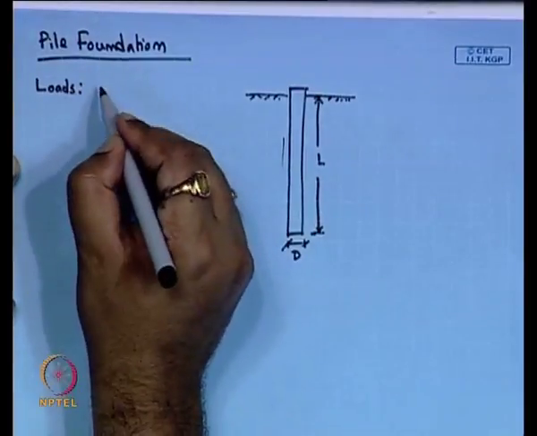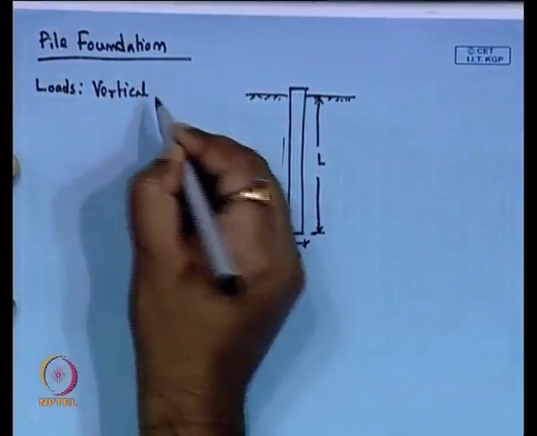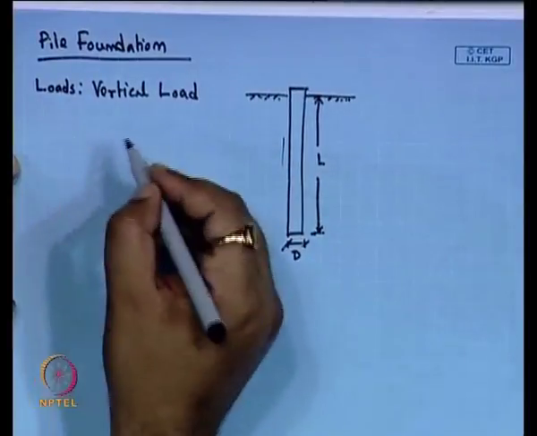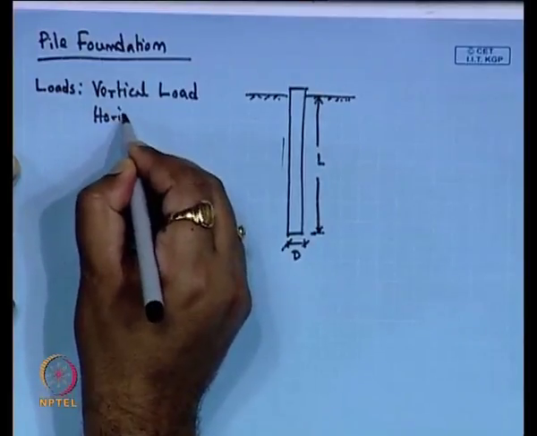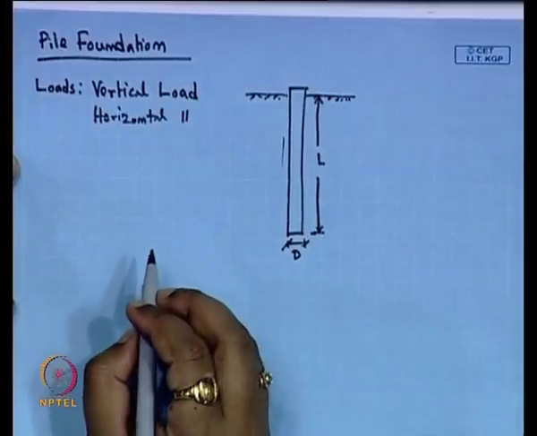First, this is the vertical load. Then another type of load is the horizontal load.